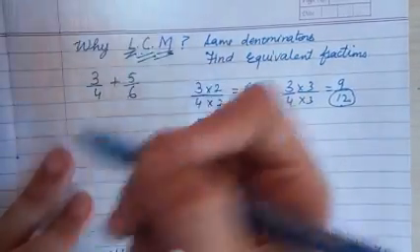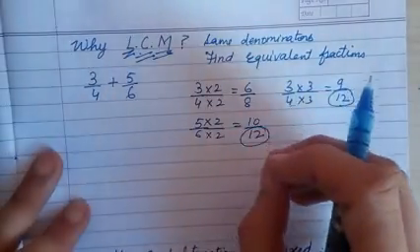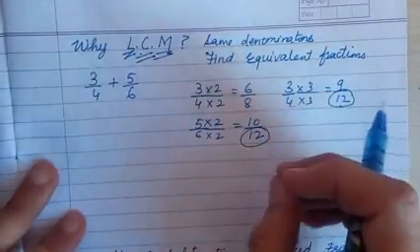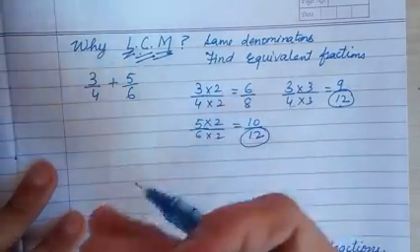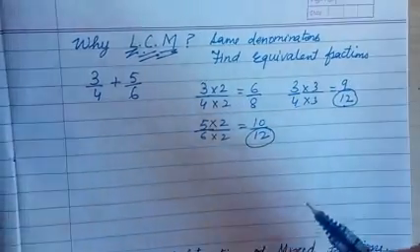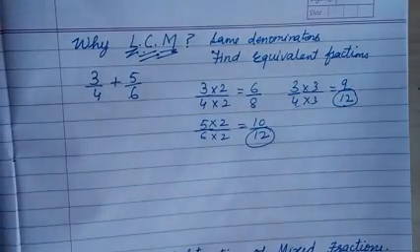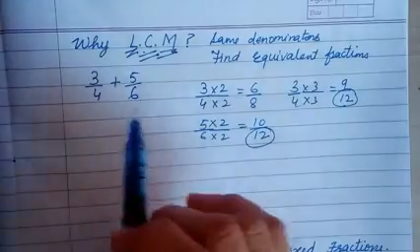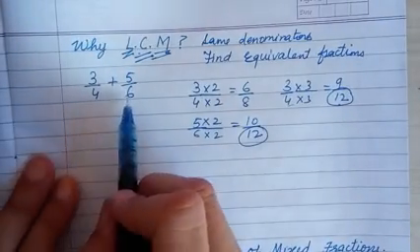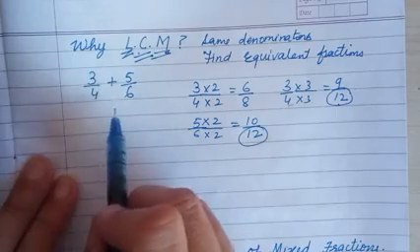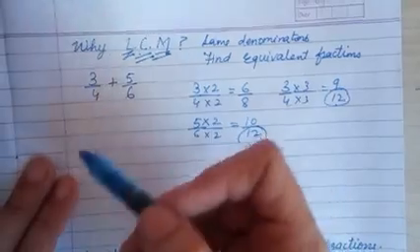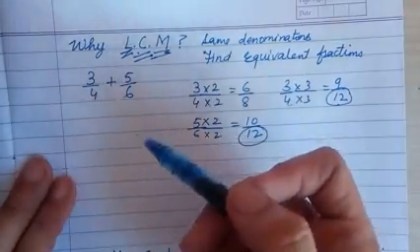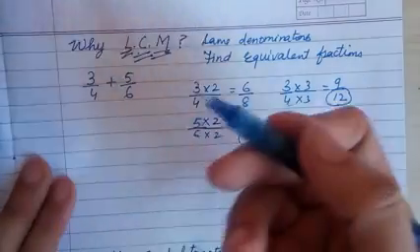And least, because when we work with smaller numbers, our calculation becomes easier and more convenient. So here we prefer LCM. But you can take the product of 4 and 6, that is 24, also as a common denominator. That will not be wrong. But 12 is a smaller number, and calculation with smaller numbers is easier.